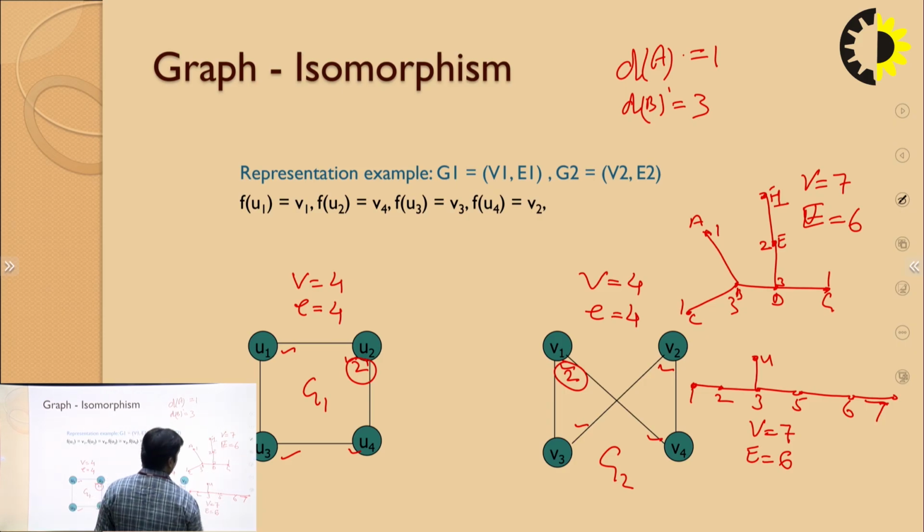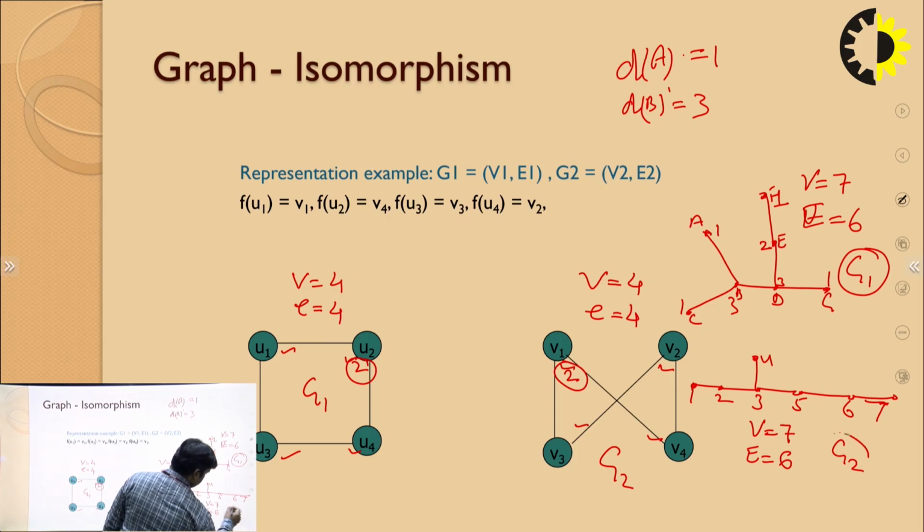These are the degrees of this graph, which we can name G1. We take this other graph as G2, and this graph has degrees 1, 2, 3, 1, 2, 2, 1.